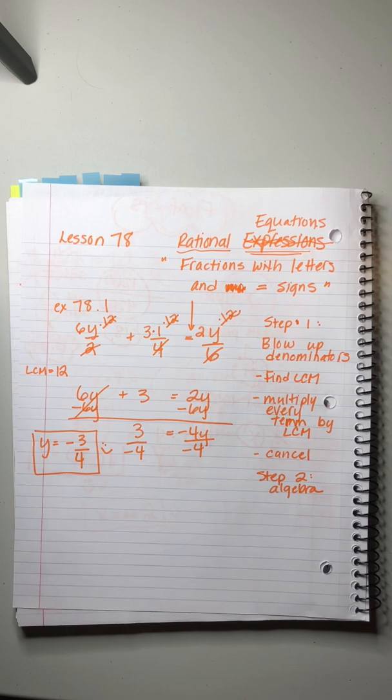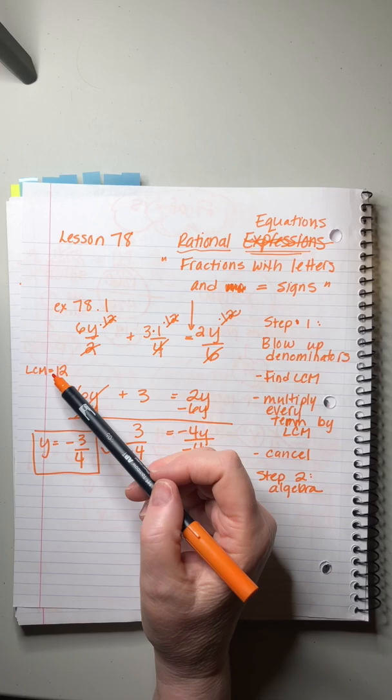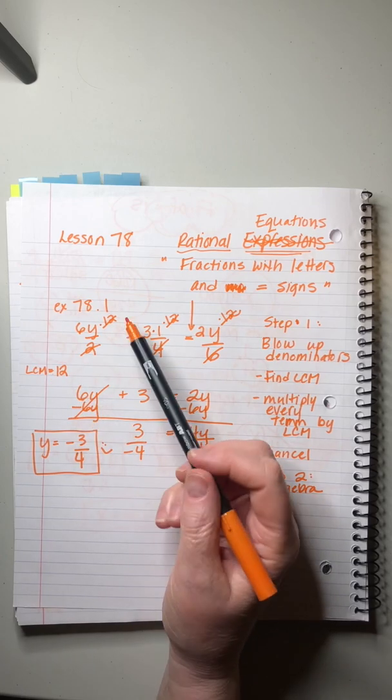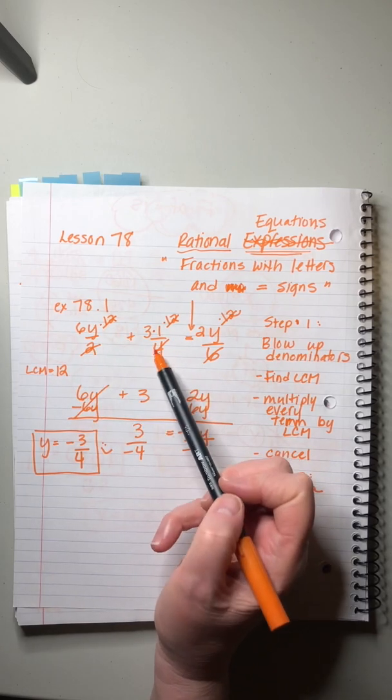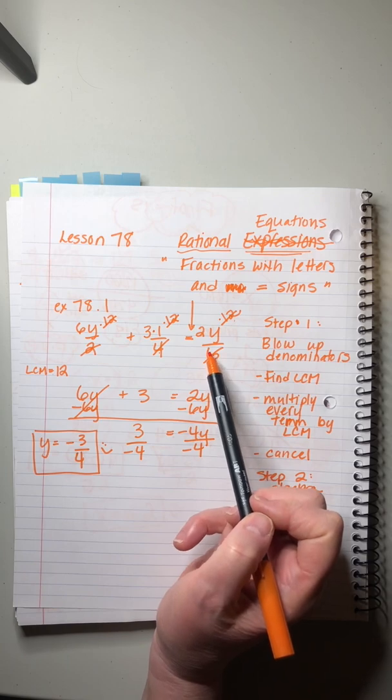All right, so blowing up those denominators was the only part of this that created much drama. And we know how to find LCMs, that's easy. Just making sure that we're careful here with our canceling.